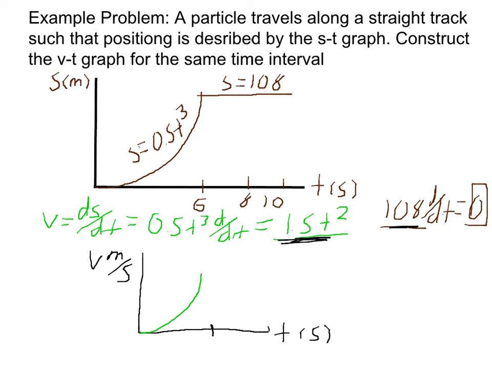To find out what it goes up to, at 6 seconds will be its max, and so 36 times 1.5 equals 54. So that's 54 right there. This slope is 1.5 t squared. And then the velocity immediately goes to 0 for the final 4 seconds. And so there's the answer.